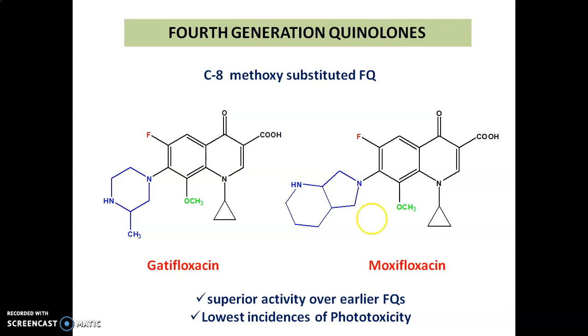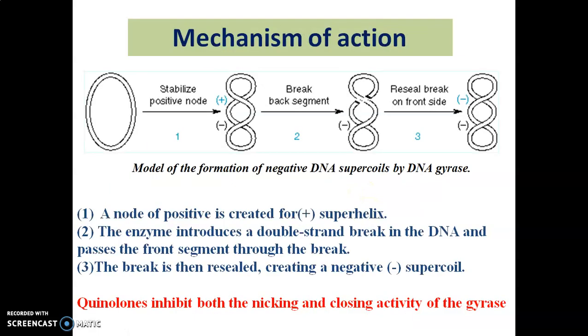It is said that due to the presence of this methoxy group, they have lowest incidences of phototoxicity. In gatifloxacin, there is a methyl substitution on the piperazine ring, whereas in moxifloxacin, the piperazine ring is fused to other 5-membered ring.